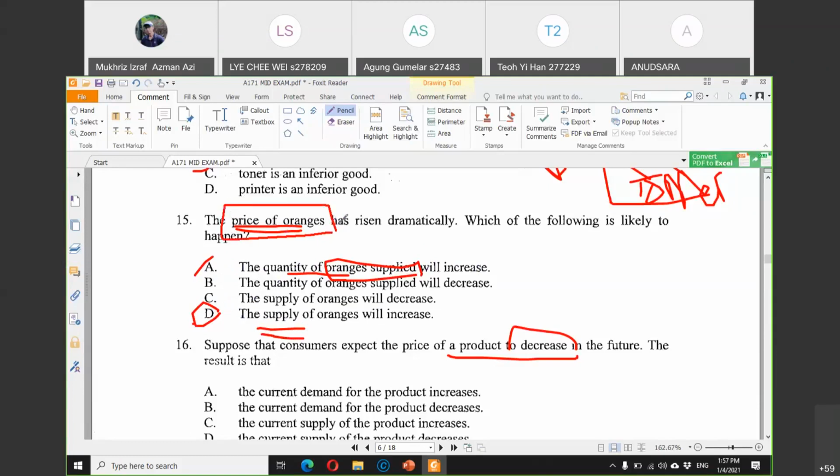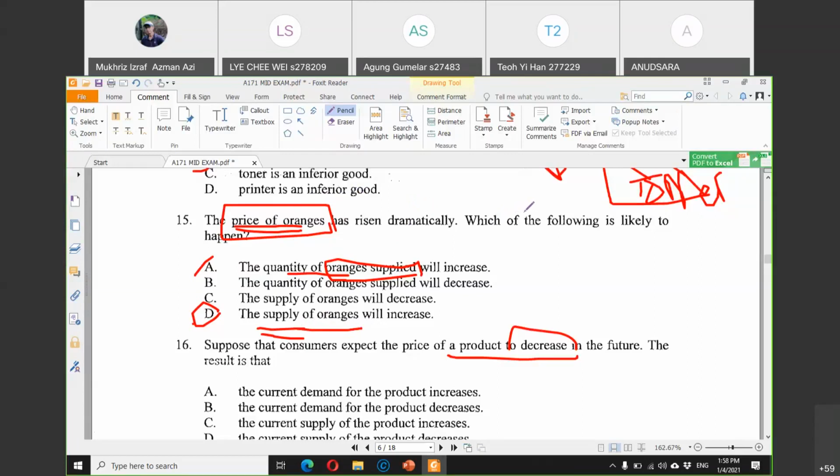It must be, let's say, the technology, for example, subsidy. Government gives subsidy to the supplier of oranges. Because the subsidy increases, supply will also increase for orange. Or the suppliers expect the price of oranges to fall in the future.